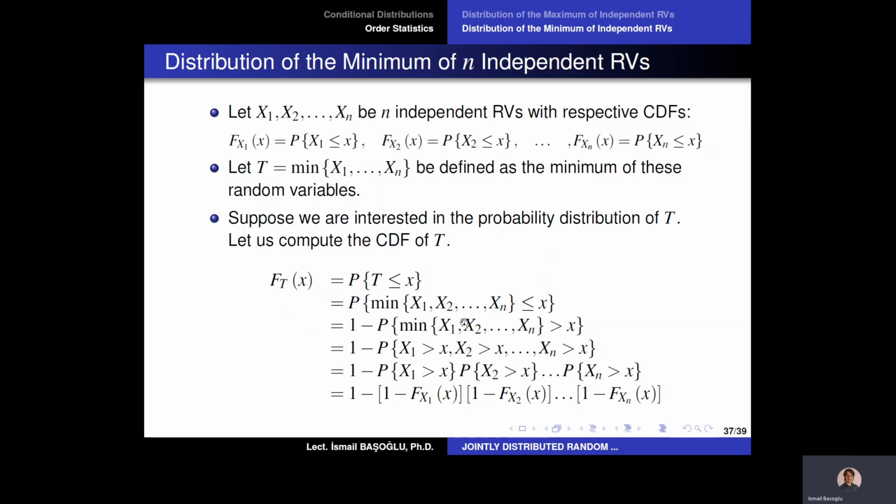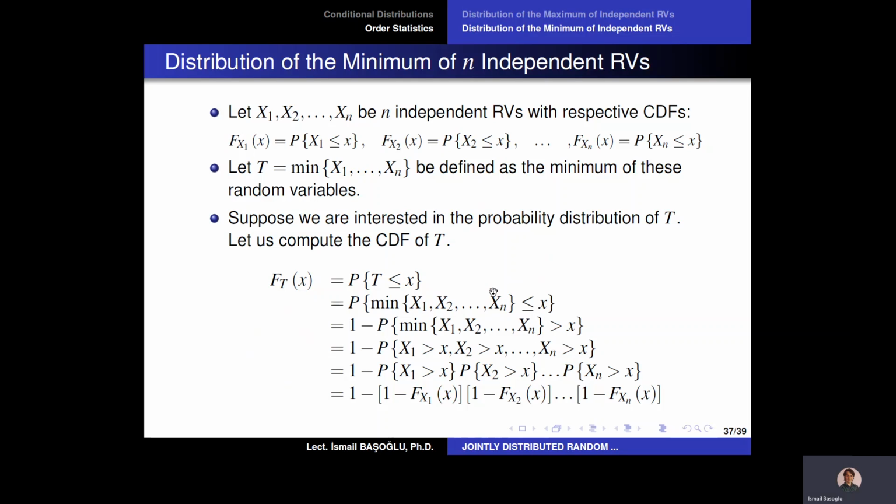Remember now, the minimum of these random variables being less than or equal to x does not necessarily require all of them to be less than or equal to x. Maybe one of them, maybe multiple of them, maybe all of them can be less than or equal to x. In any case, the minimum can be less than or equal to x, but that does not require all of them to be less than or equal to x.